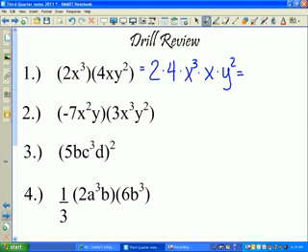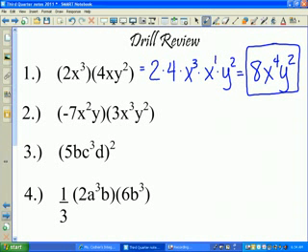So 2 times 4 gives me 8, and my x is going to be raised to the 4th power because when I'm multiplying, I'm adding the exponents. It's assumed that there is a 1 as an exponent there. And I'm going to multiply our y squared. So my solution is going to be 8x to the 4th y squared.